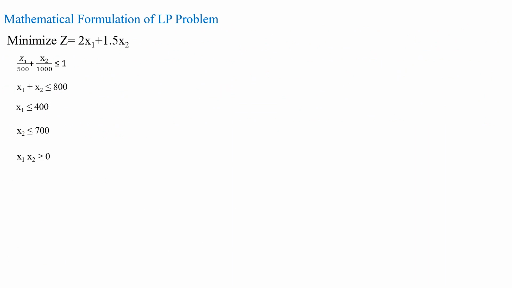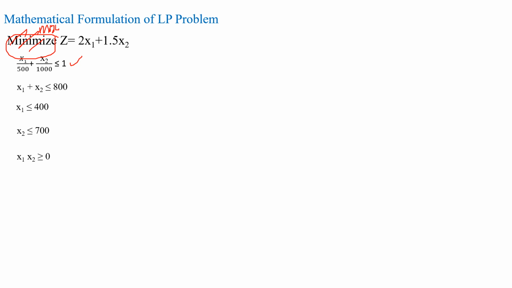Then the mathematical formulation of this LP problem is, sorry, I made a mistake here. It should be maximize Z equal to 2x1 plus 1.5x2. Constraints: from the production time point of view, the available resource is 1 day, so x1 by 500 plus x2 by 1000 is less than or equal to 1.